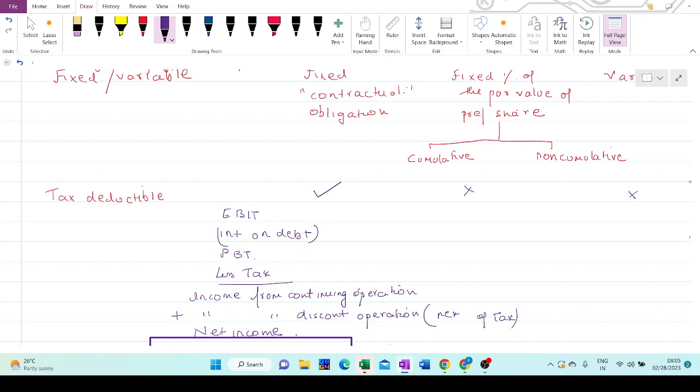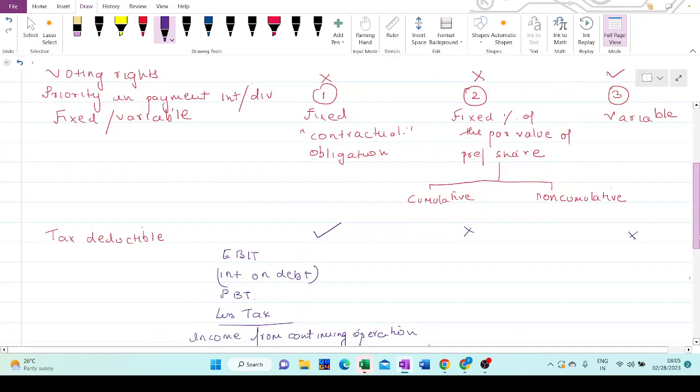They do not reduce my PBT, and since they do not reduce my PBT, they do not reduce my tax outflow. It's only interest that we pay on our debt that is deducted from my PBT, results in a lower PBT, and a lower PBT in turn results in a lower tax expense, right? So it's your interest on debt that reduces your tax liability and results in tax savings, right?